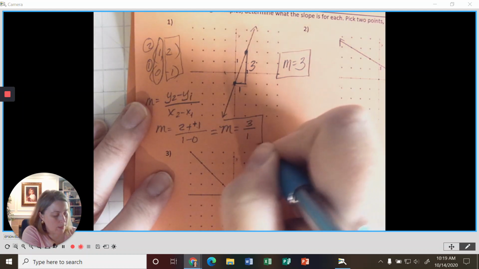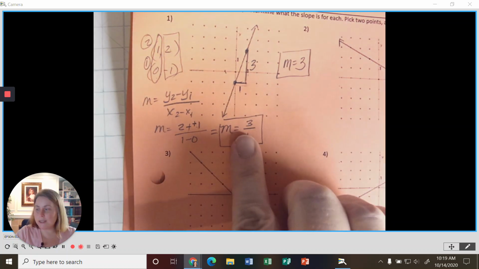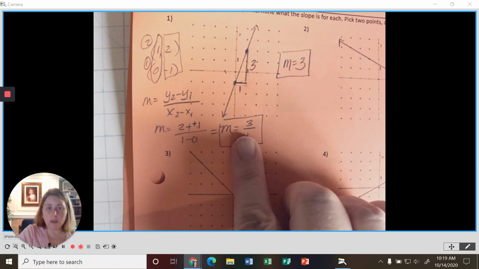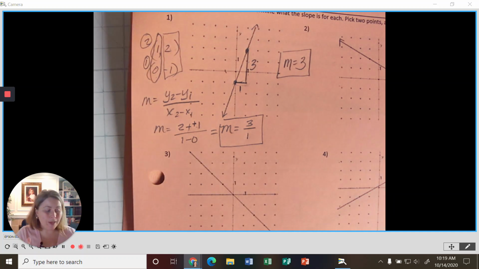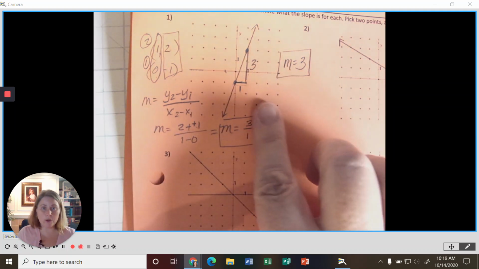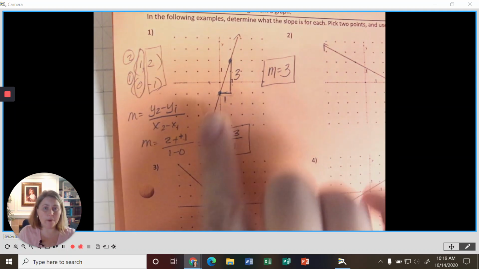So I can get that slope graphically using my graph, or I can get my slope algebraically using the slope formula. Either way is acceptable. Since they gave us the graph, I'm going to use the graph because it is quicker to draw that reference triangle and get the slope that way.